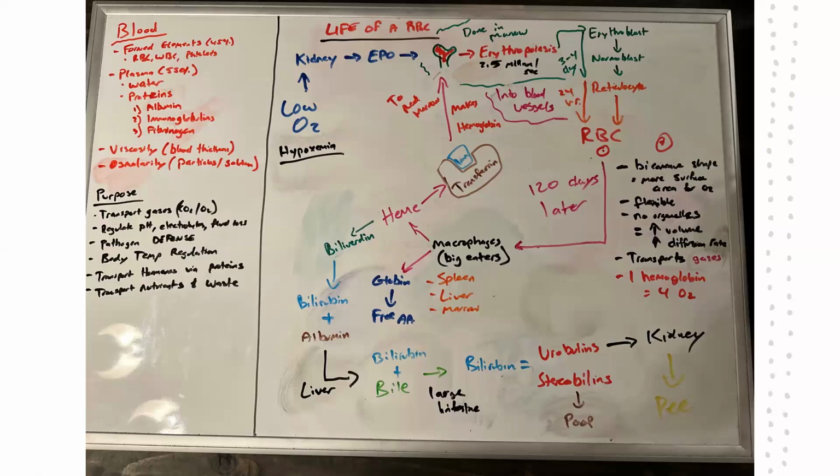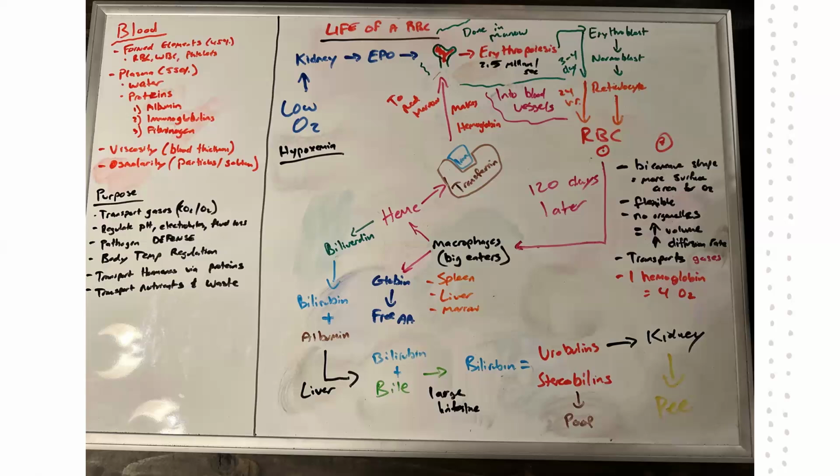So we start off with an erythroblast. Over the course of 3 to 4 days, the red blood cell is going to start developing in the bone marrow. It's going to have all the things you expect, the nucleus, ER, some other stuff. But what's going to happen is it's going to start transitioning itself into what's called a normoblast.